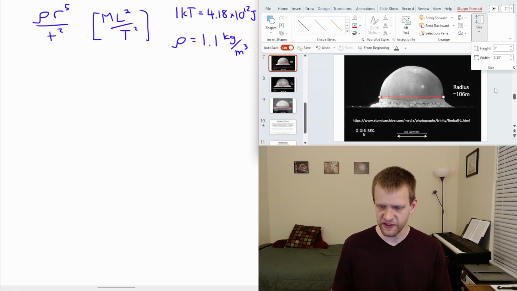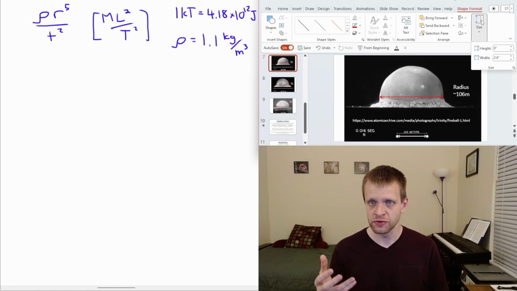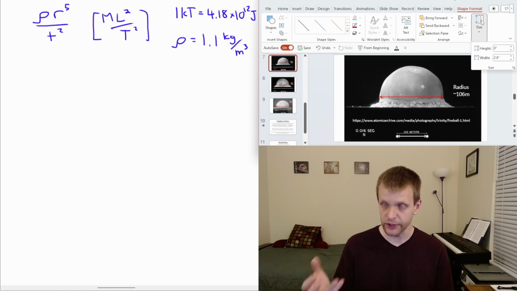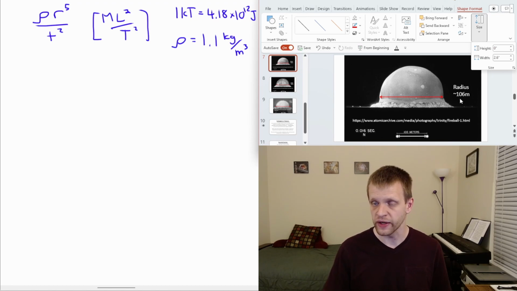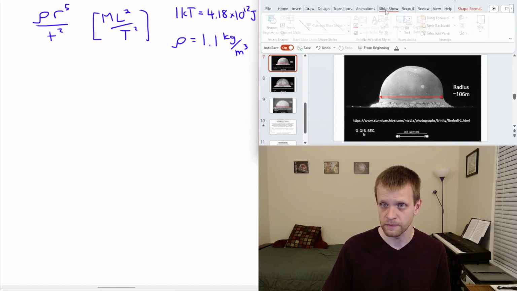If you take that 5.53 and divide by 2 to get the radius, and then divide that by the 2.6 inches for that scale, that's the distance in hundreds of meters. So I got 1.06, so that would be 106 meters for the radius of this explosion.